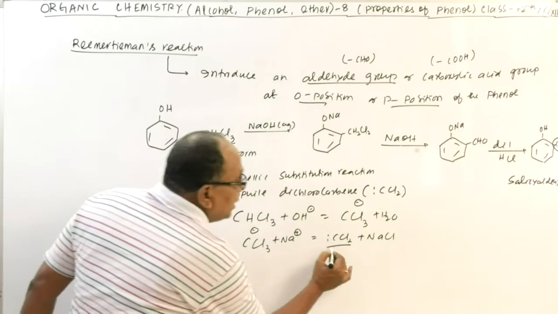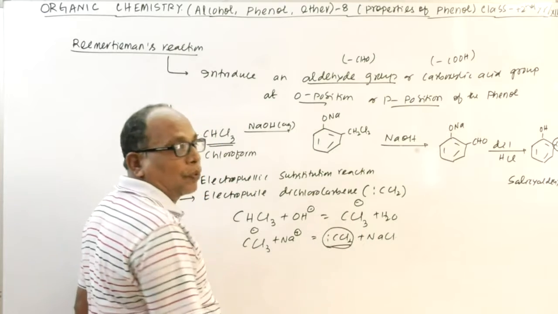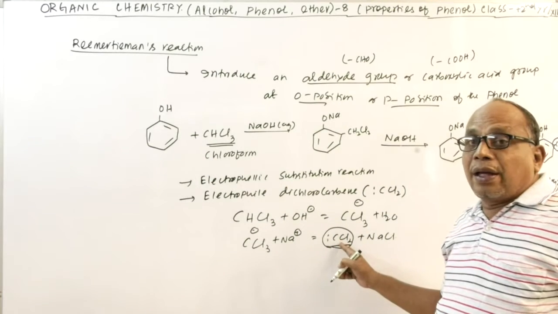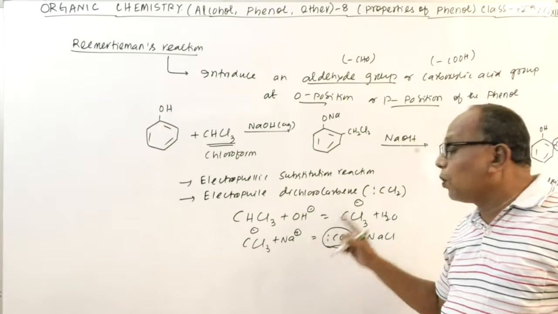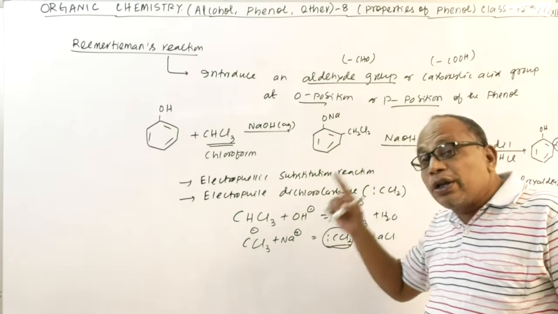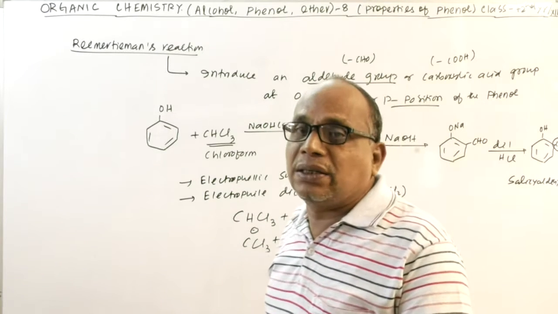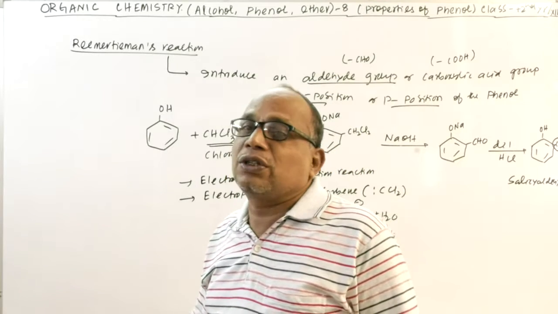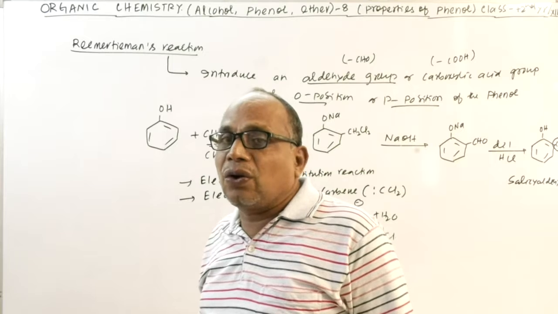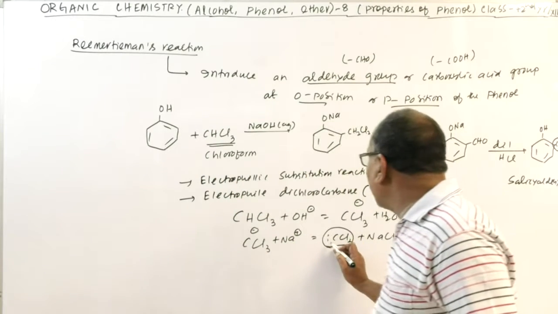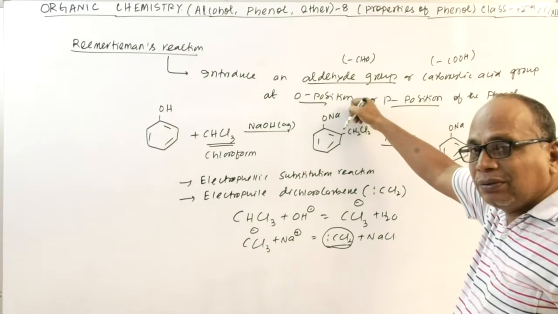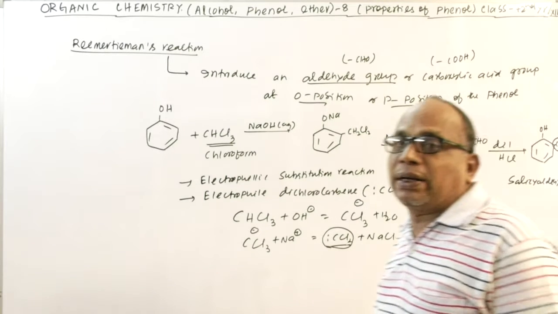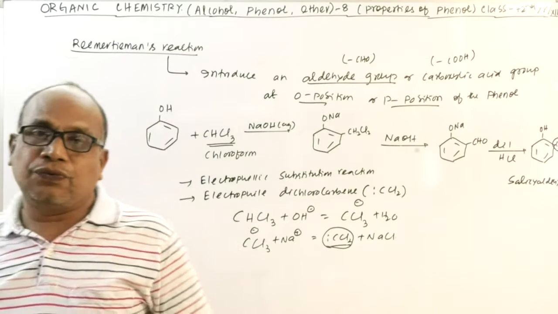And you see, this is electron deficient, because the carbon has valency four, with two bonds and one lone pair, and it requires two more electrons to complete the octet. That's why it is an electron deficient species that acts as an electrophile. And this electrophile is substituted at the ortho position. Then hydrolysis gives you the aldehyde group.